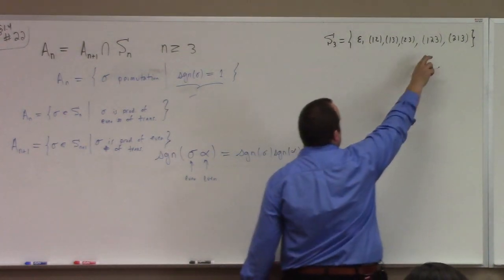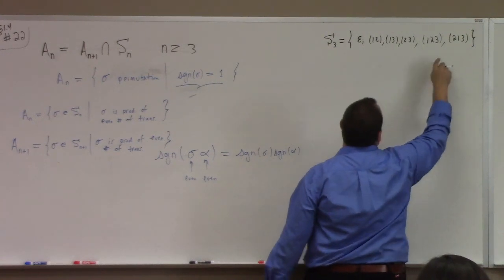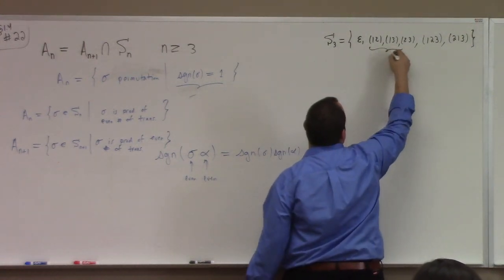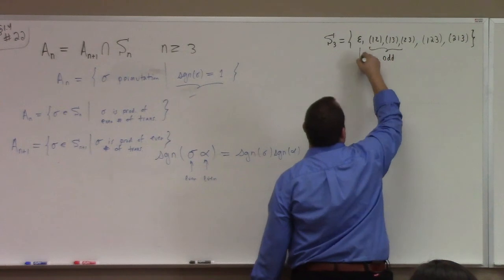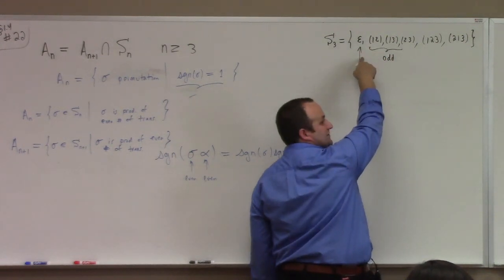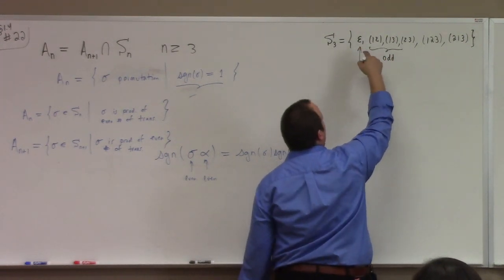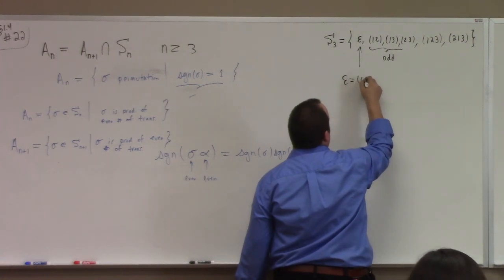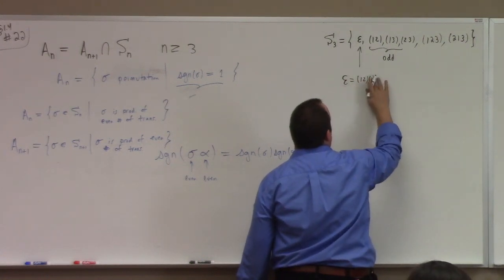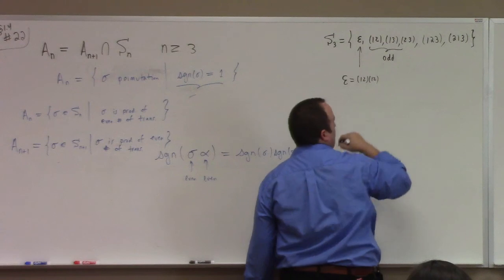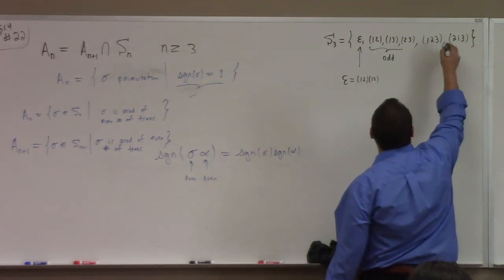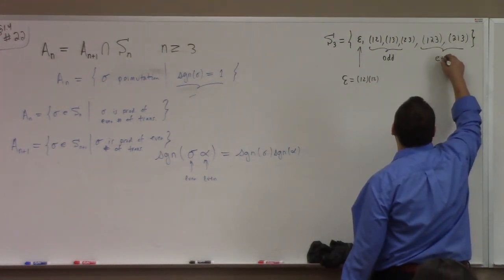Okay, so these are even, right? And these are odd. This one has 0 transpositions, so you could say it's (1 2)(1 2). You can see it's even, if you don't believe 0 is even, but 0 is even, so whatever. Now these are both even because you can rewrite them.